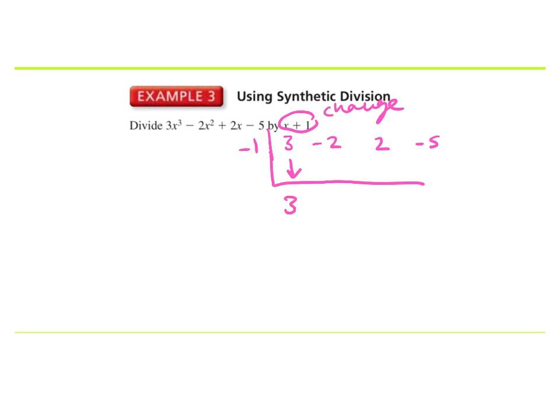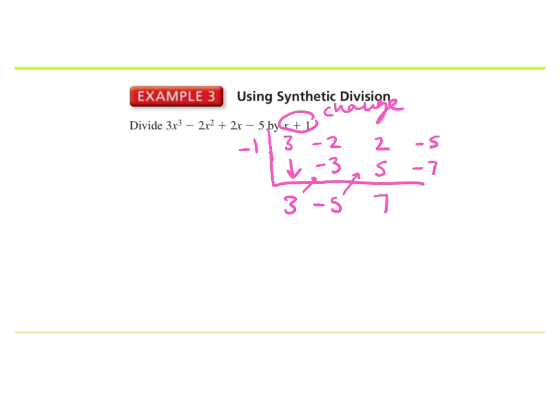Now we multiply the outsides together. So -1 times 3? -3. Put our answer inside the box. -2 minus 3? Negative 5. Multiply the outsides, negative 1 times negative 5. Positive 5. 5 plus 2. 7. 7 times negative 1.